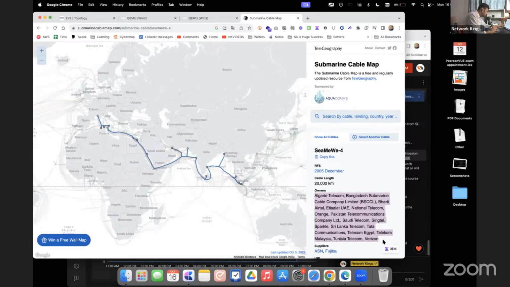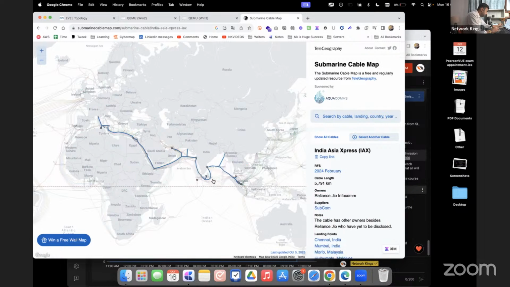All the ISPs in the world have invested an amount, like Airtel from India, Pakistan, UAE, Bangladesh, Sri Lanka, Tata. Because of all these countries, you are accessing the internet. So this is what we call submarine cables.